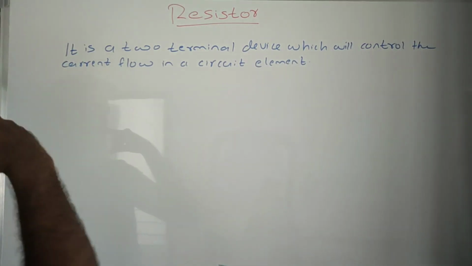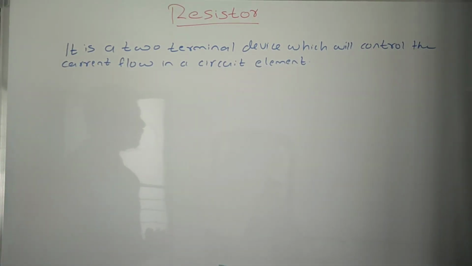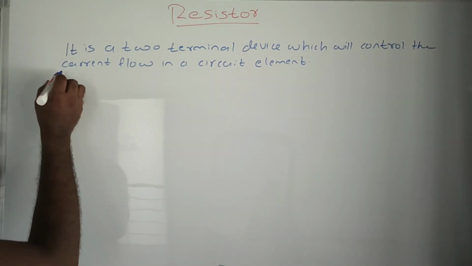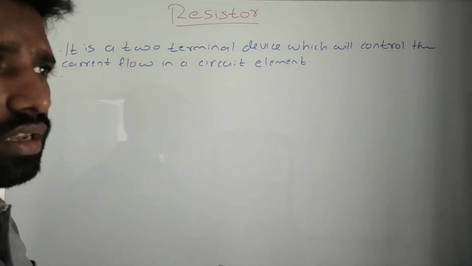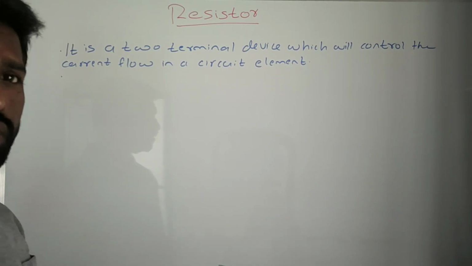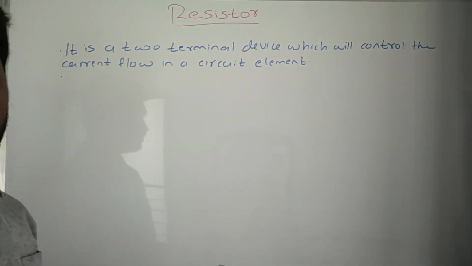Okay, so this is a resistor. It is a two-terminal device which will control the current flow in a circuit. So from this we can simply say that a resistor is a device which will offer resistance.